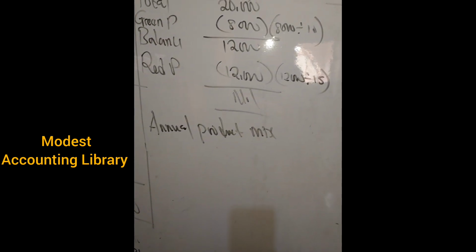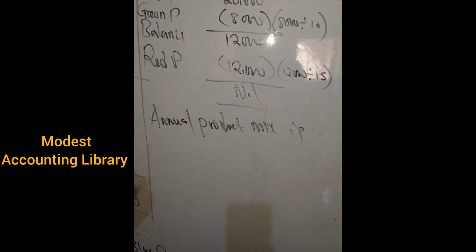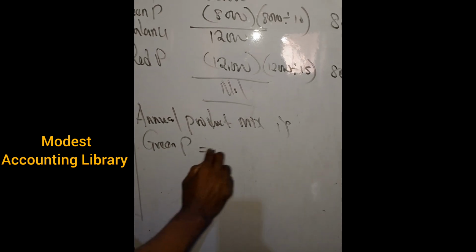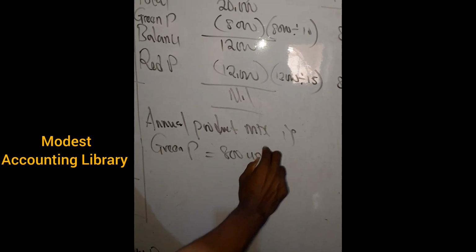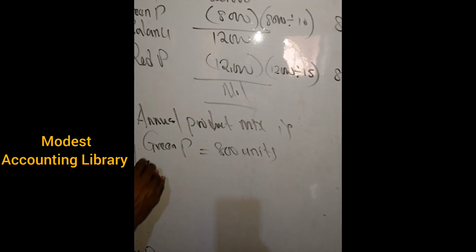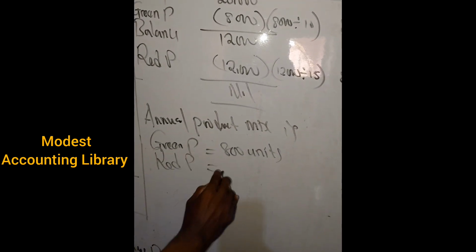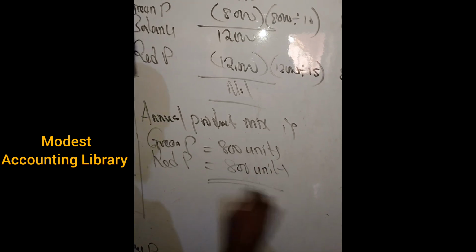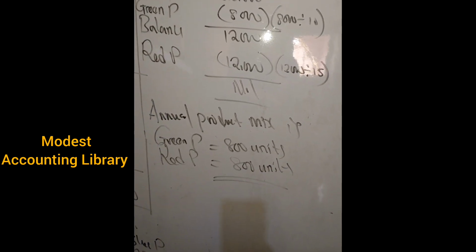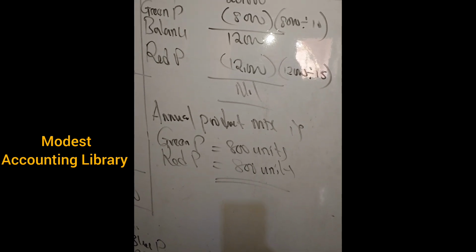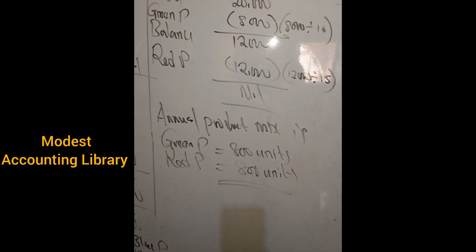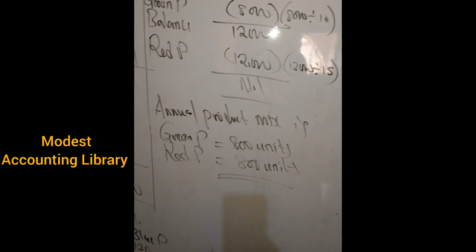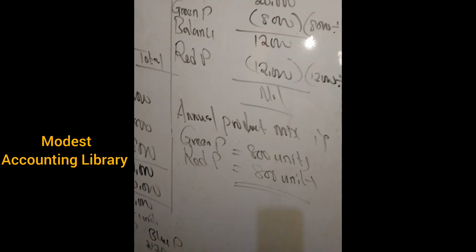The annual product mix is green P 800 units, red P 800 units. So this is the best mix for this production based on the limited resources that are available.